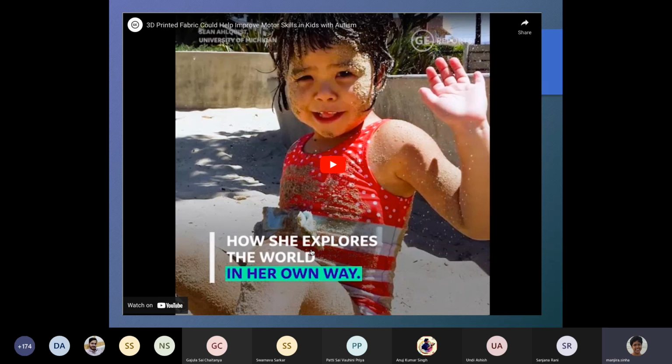And as I was discussing about autism, children with autism respond better to this kind of animations, the tactile senses that they can feel by interacting with the environment in their own comfort and their own way.